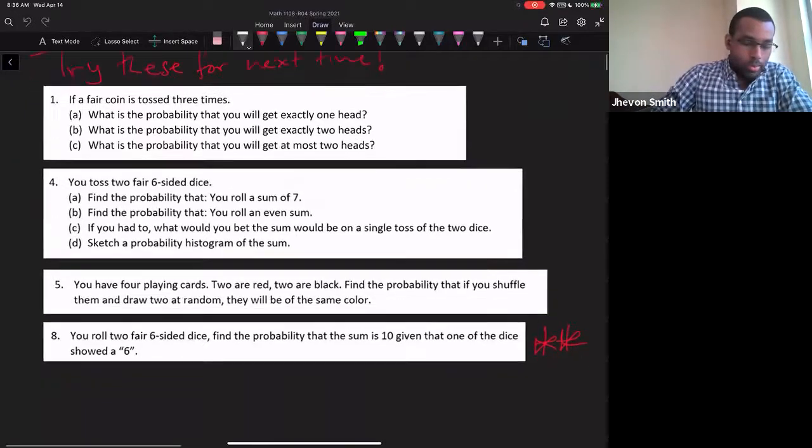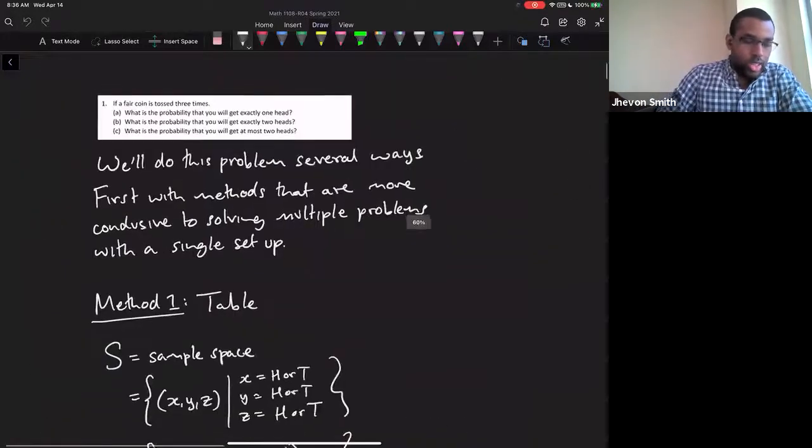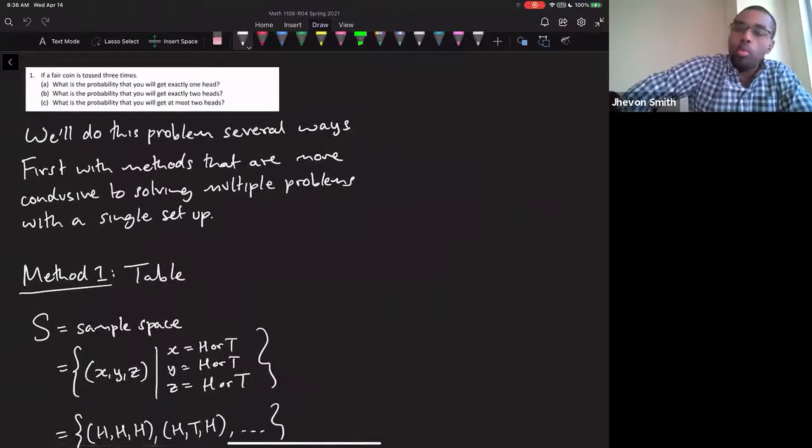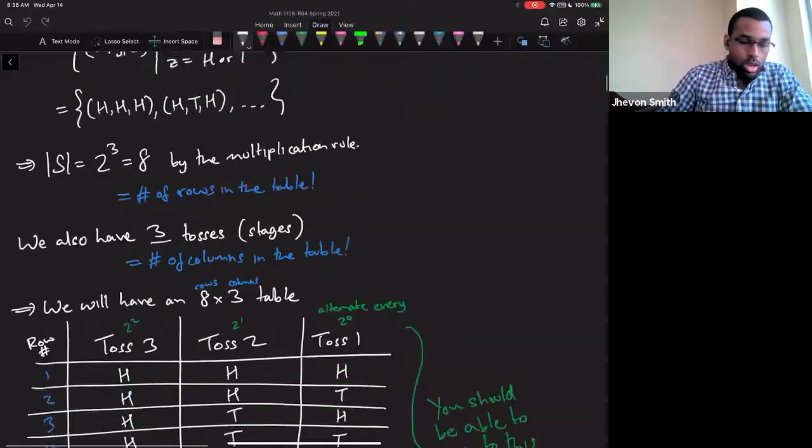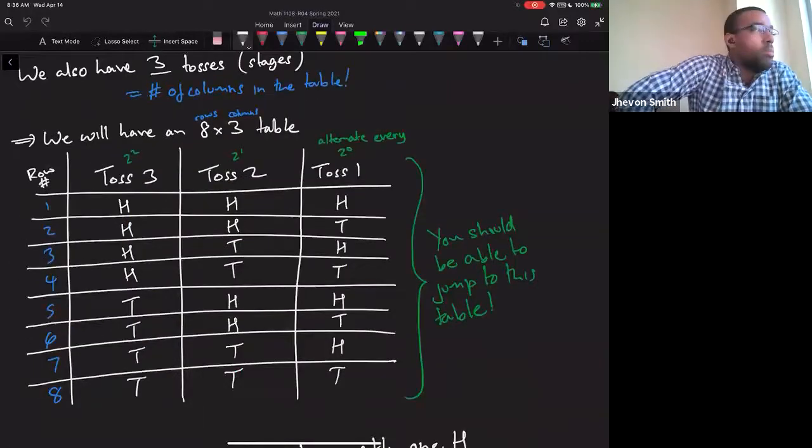So problem 1, just illustrating some of the ways that you could approach it, is you could actually do a table. You could immediately jump in, find the number of possible outcomes by the multiplication rule.